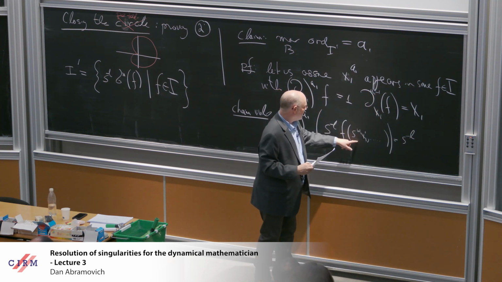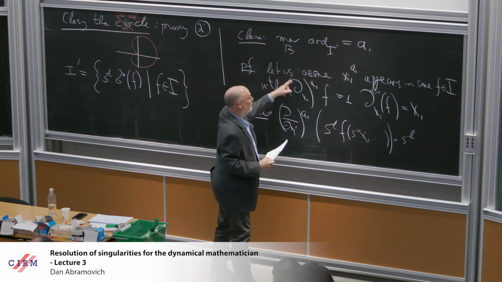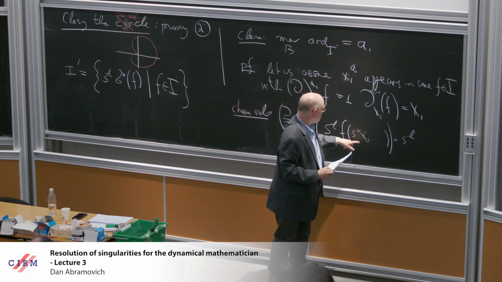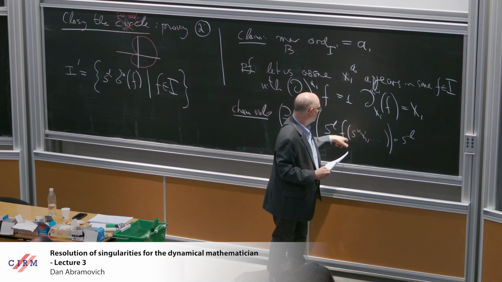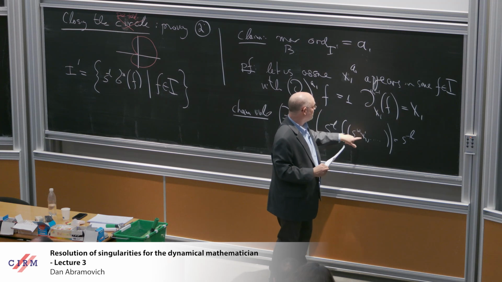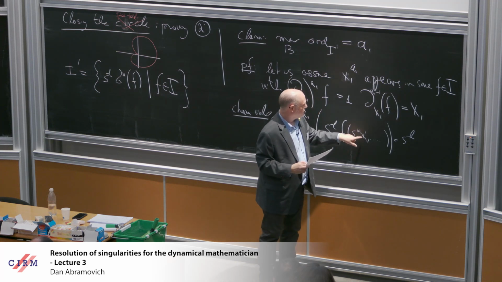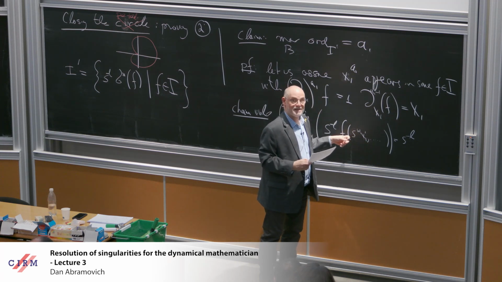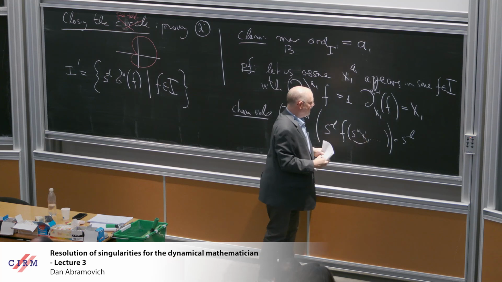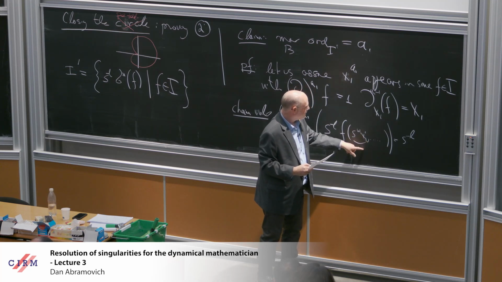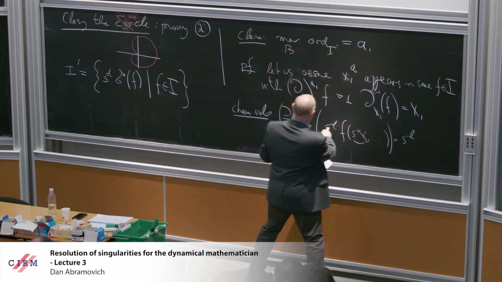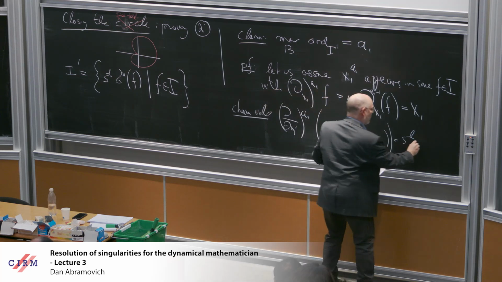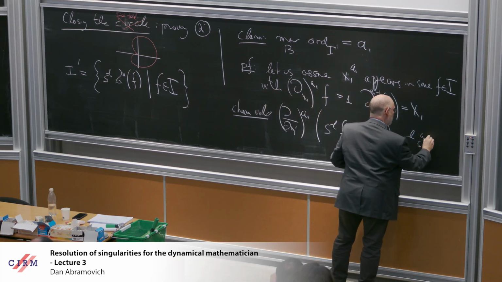I have the usual derivative with respect to x1 times the derivative of x1 with respect to x1 prime, and I do this a1 times. So I have s to the power a1 times w1.